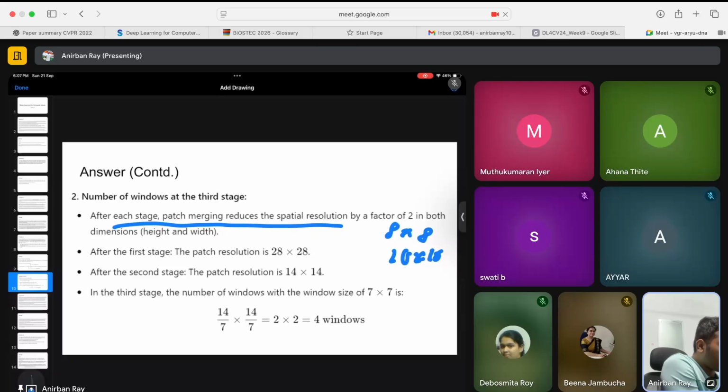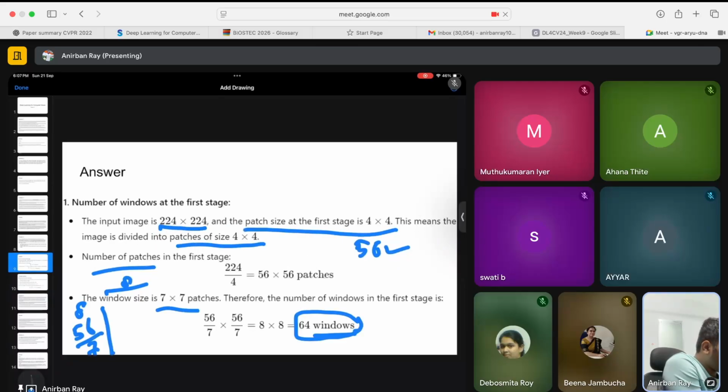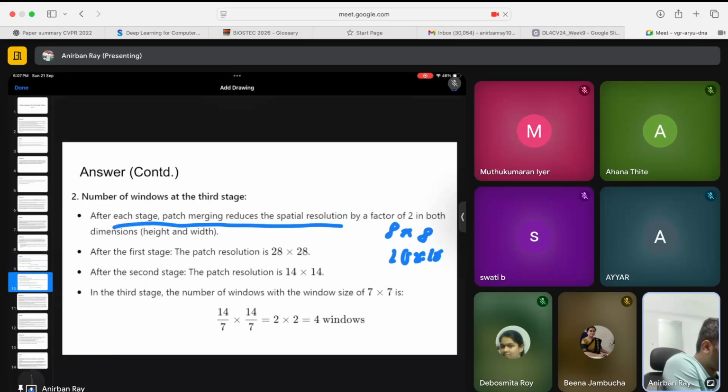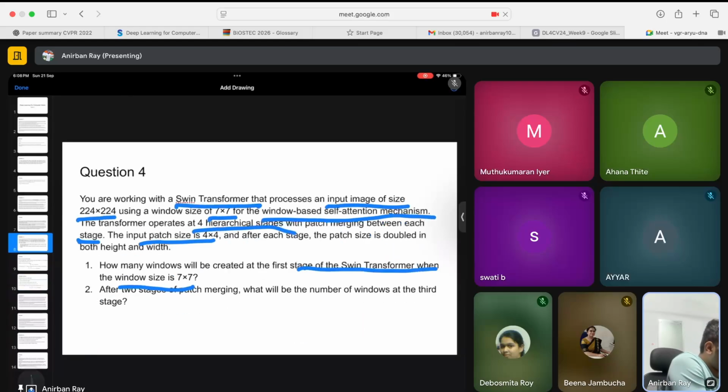I don't think it's patches of size 4 cross 4 becomes 28 cross 28. Let's see the problem again. Input patch size 4 cross 4. After each stage, the patch size is doubled in both height and width.